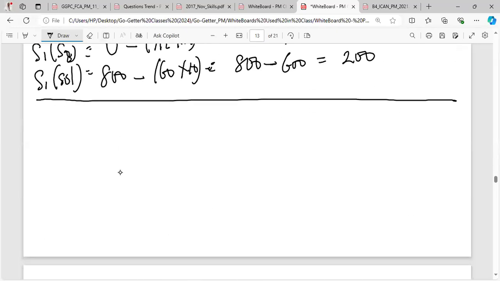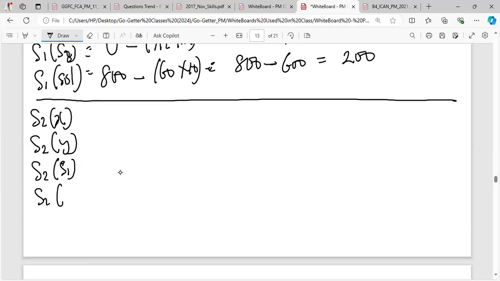We do similarly: S2X, S2Y, S2, S1, S2, S2, S2, S3, S2 solution.